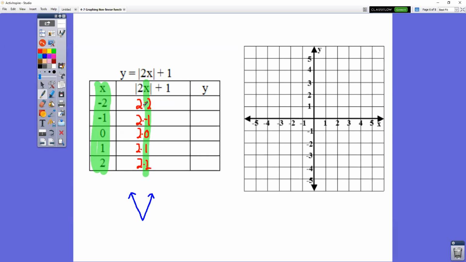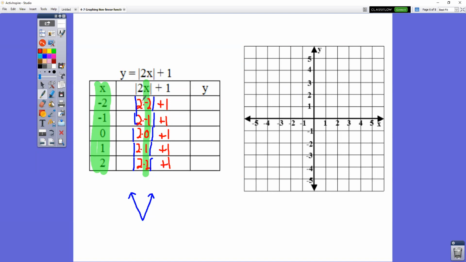Now remember, that is the absolute value of that operation. So we need to do the operation first in the red and then take the absolute value of that. After we do that, we have to add 1 to it because we have the +1 in our equation.